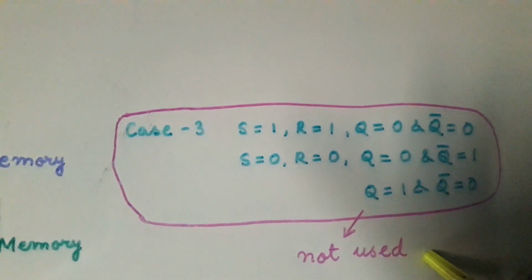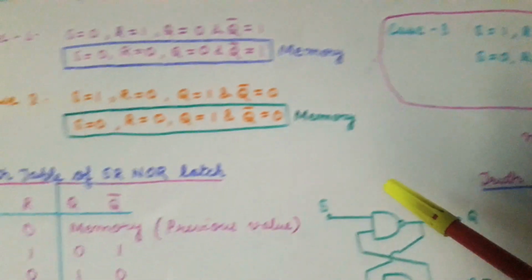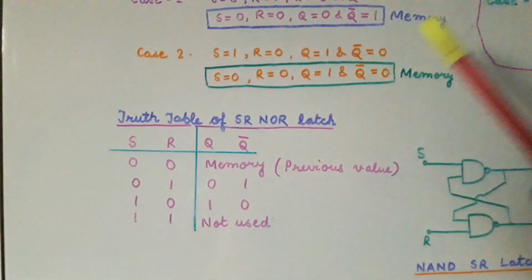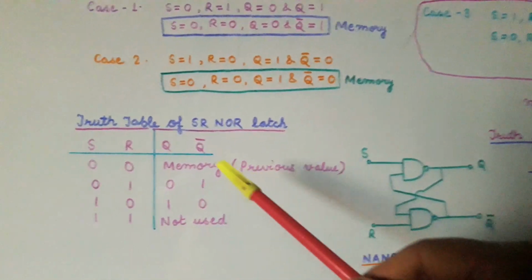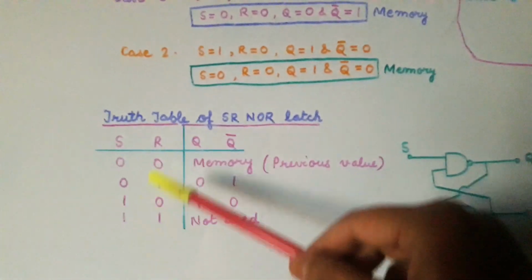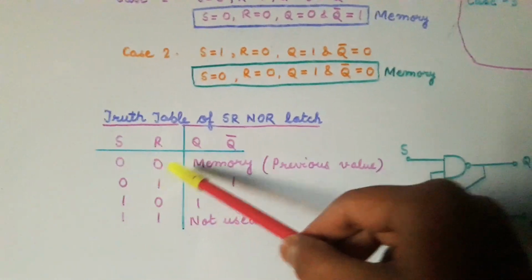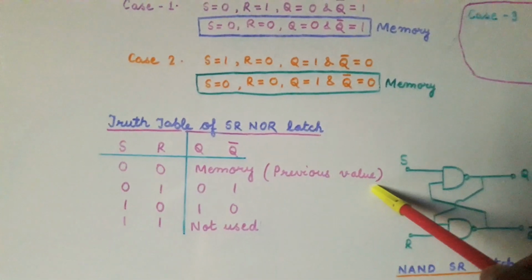Now let us see what the truth table of this SR NOR latch is. So we have used all these cases to draw the truth table of this NOR latch. When the value of S and R is 0, we get the outputs the same as the previous value.